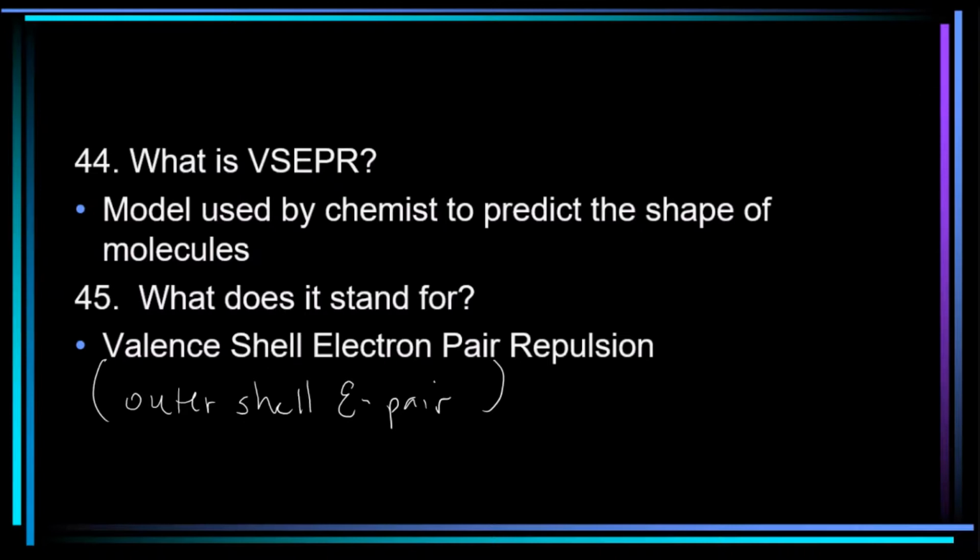Well, this model kind of makes sense, and then it kind of doesn't. What makes sense? Well, electrons are negative, and they don't like other electrons, so they'll want to get away from each other. What does not make sense? Well, why are these electrons who don't like each other in pairs? Why are they in pairs?